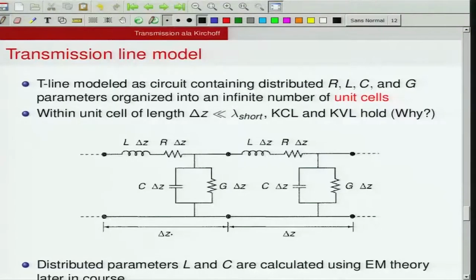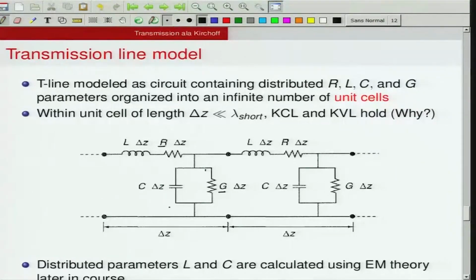And we distinguish this parallel resistor connection by writing it as G and series resistance as R. As I said, these elements L, R, C and G are called the distributed parameters of this transmission line. This is inductance per meter and resistance per meter, conductance per meter and capacitance per meter. Okay, so this is the model that we are going to consider for a 2-wire transmission line.